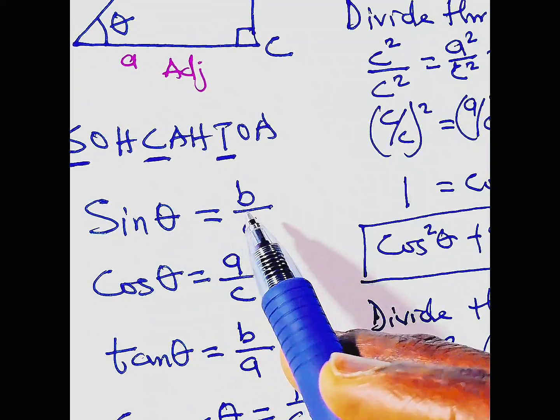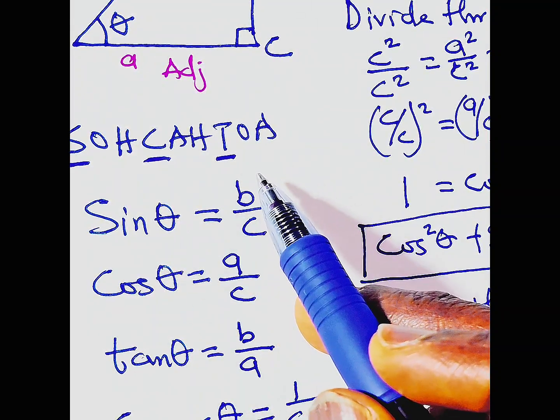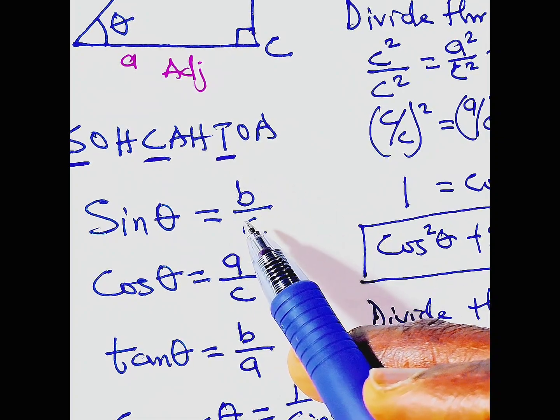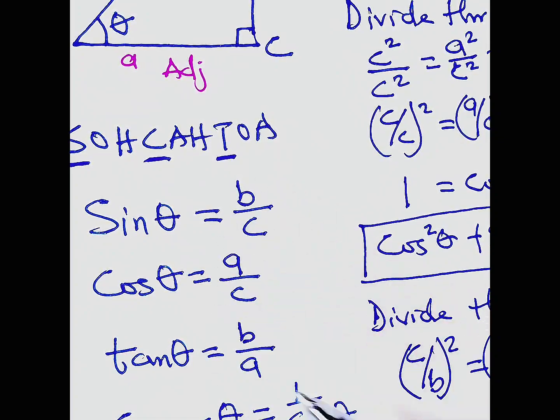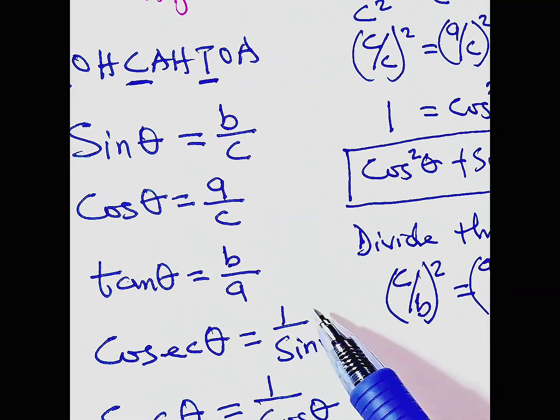It's coming from the sine theta. That means that c over b is an inverse of b over c. And that means that, if you trace it down, that will be cosec theta, because that one is 1 over sine theta.